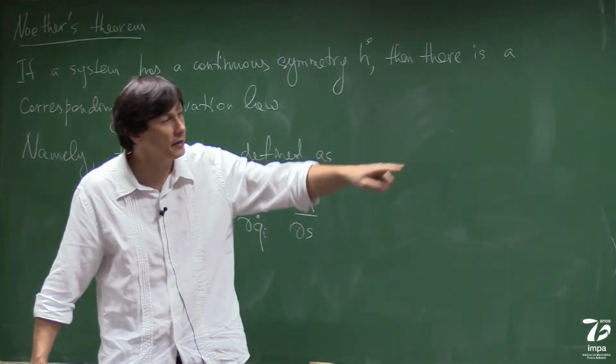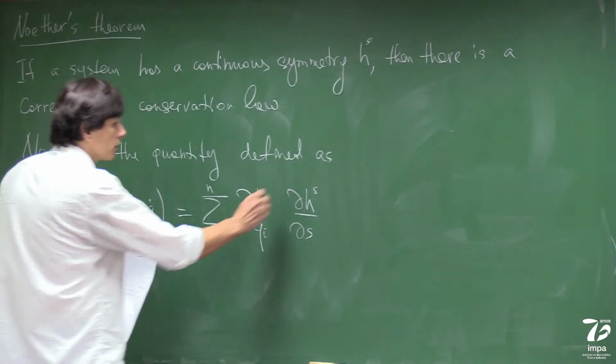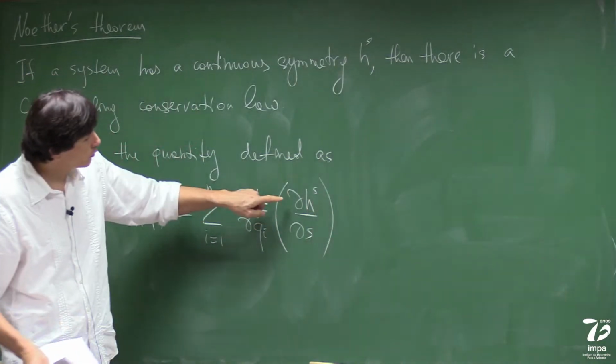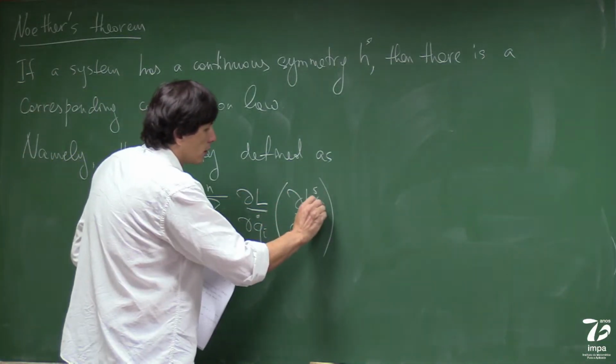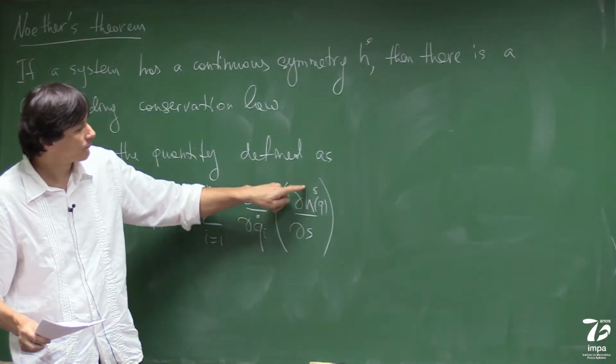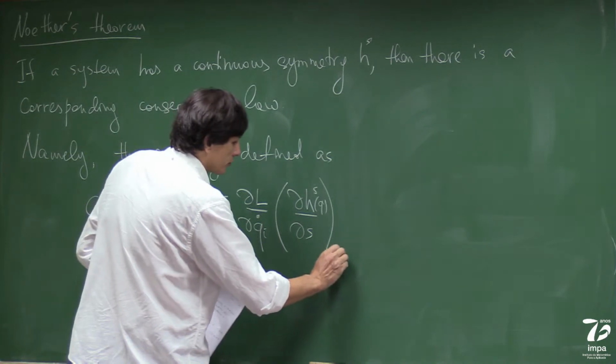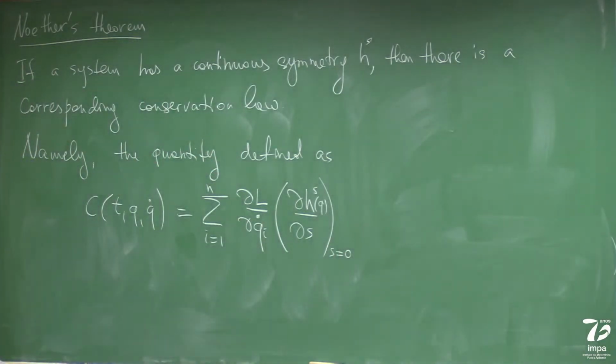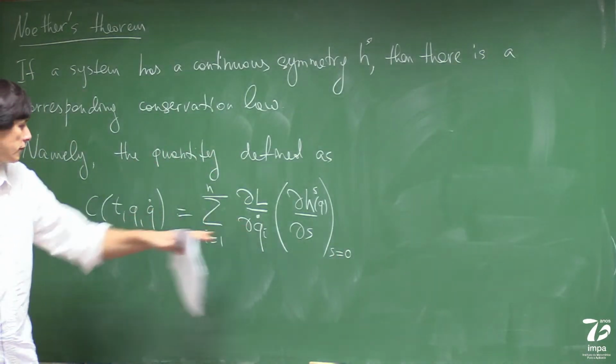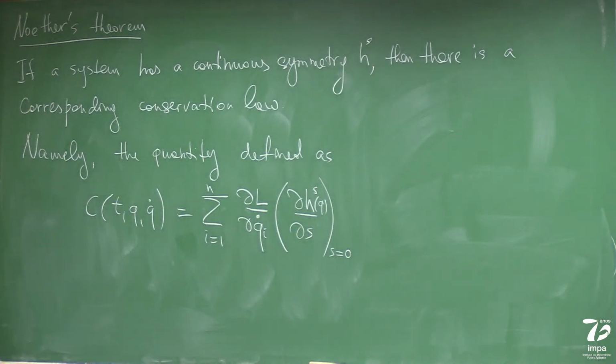If it's discrete, like periods, we cannot take a derivative. This function will be a function of S and Q, so in order to get rid of S, we first take the derivative and then put S to be 0. Then it's a function of time, the coordinates, and the velocities.